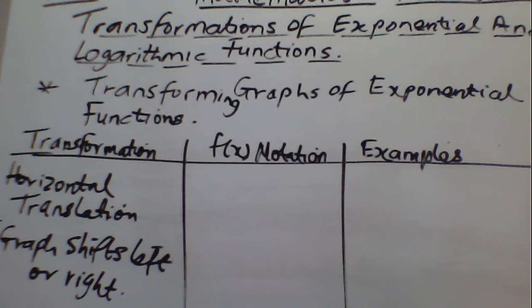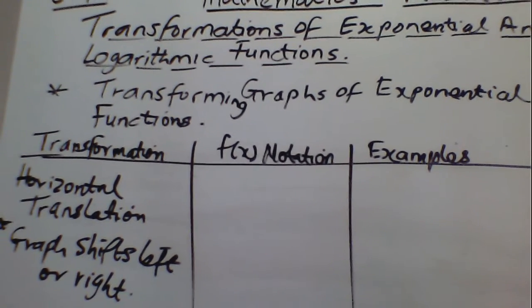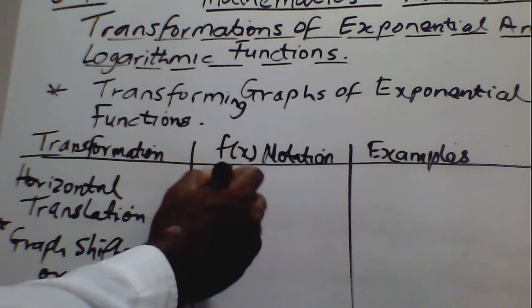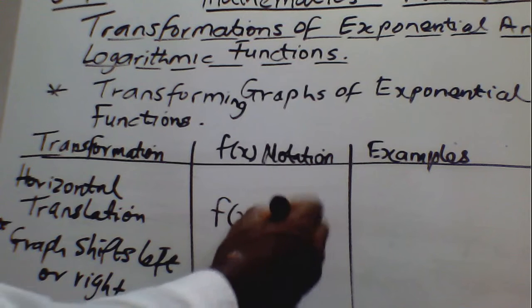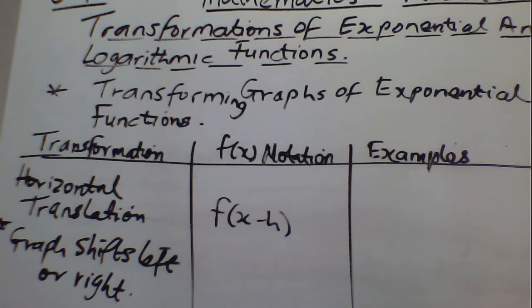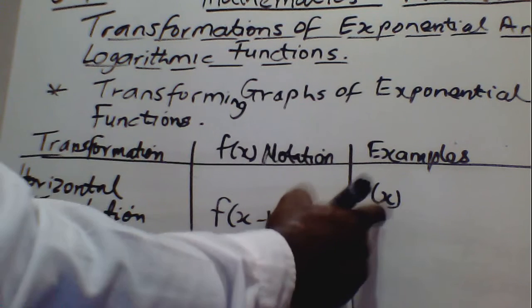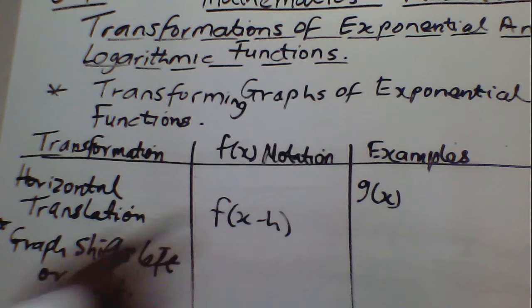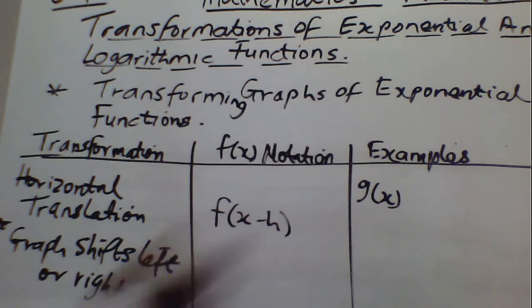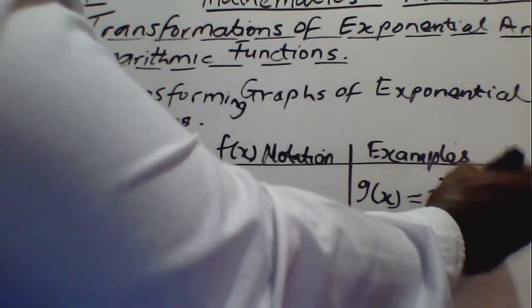So for horizontal translation, the graph will shift left or right. The function that represents horizontal translation is of this type, f of x minus h. h is the translation. If we have a new function, for example g of x, a translation of the parent function f of x, so g of x is equal to 2 raised to power x minus 1.